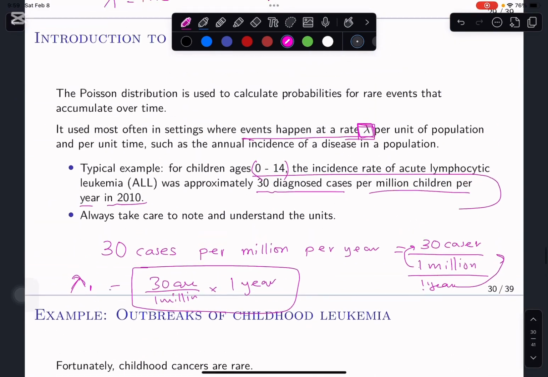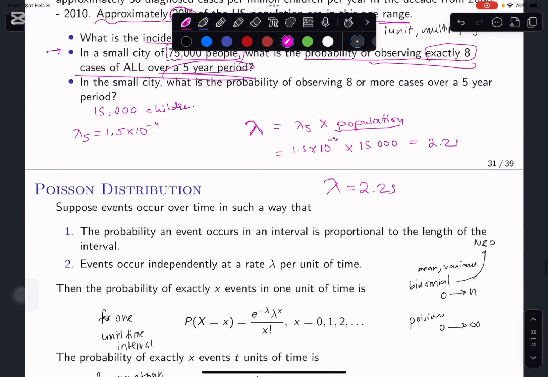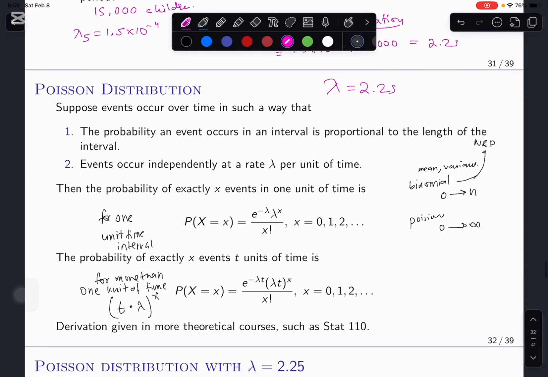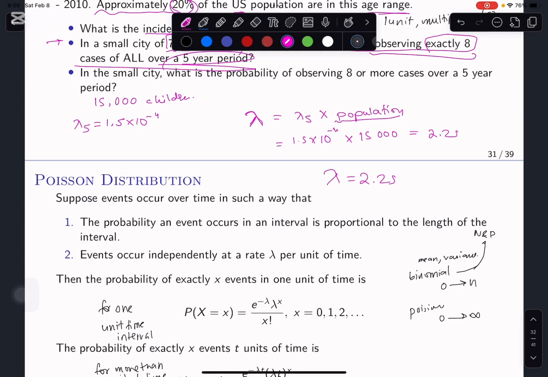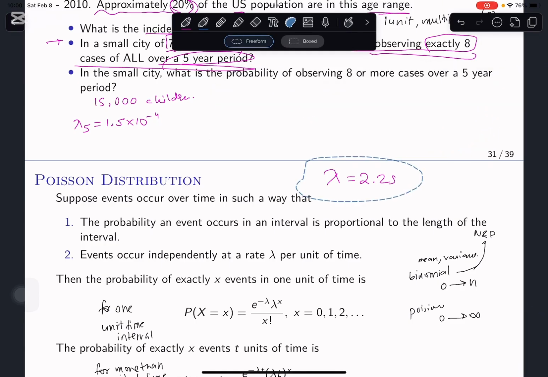This is the rate per unit population per unit time that they're giving us. Now after you get the lambda, this is the lambda.